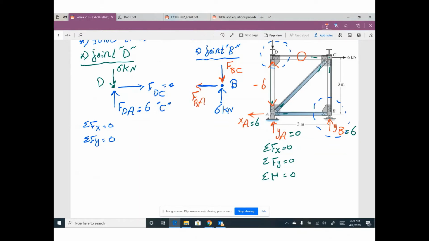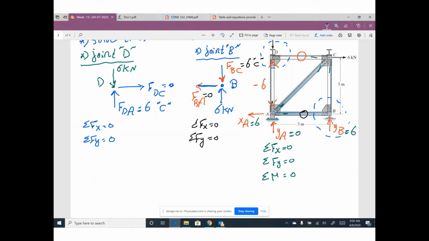Also, go ahead and apply two equilibrium equations, summation F of x equals 0. I think this horizontal force will be 0. So this member is 0. If you apply summation F of y equals 0 at this joint, I think this force will be 6, compression.